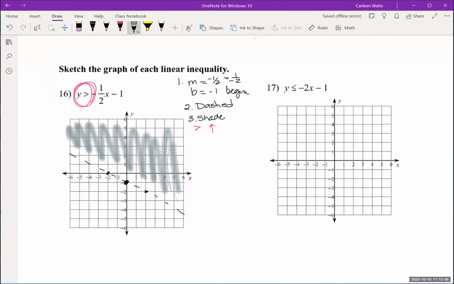All right. So on your own, you're going to graph it, and this will be a solid line, and you will shade down.